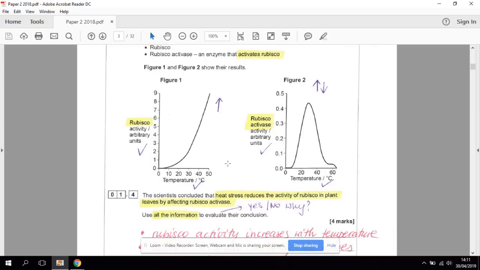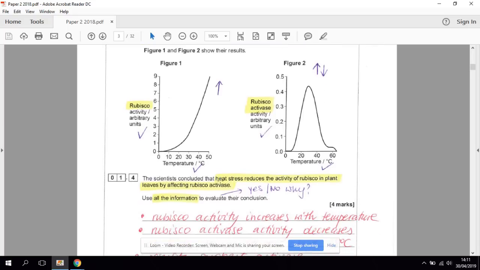So the scientists concluded that, and only this statement is in your interest: heat stress reduces the activity of Rubisco in plant leaves by affecting Rubisco activase. And you use that information to evaluate that conclusion. Here they don't say to support or to negate the conclusion. You need to think about both factors, yes, no, and why.